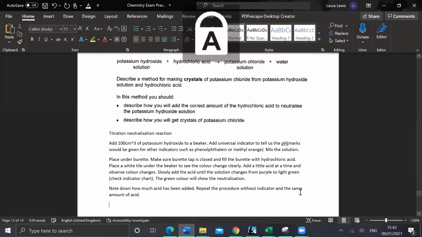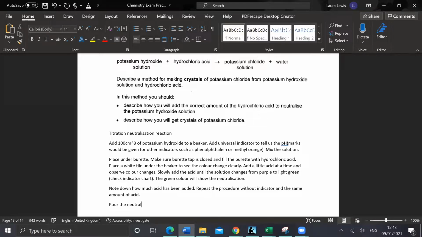Okay, so pour the neutral solution into a basin or a dish, and heat the dish over a Bunsen burner until the liquid has evaporated.